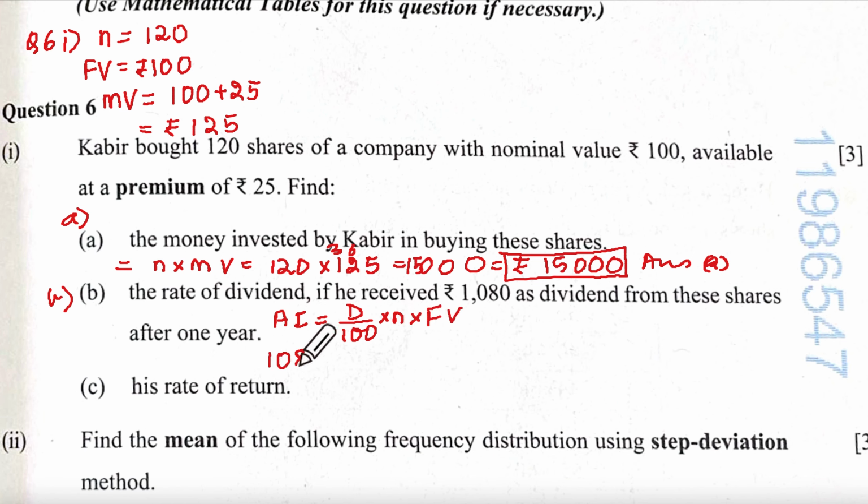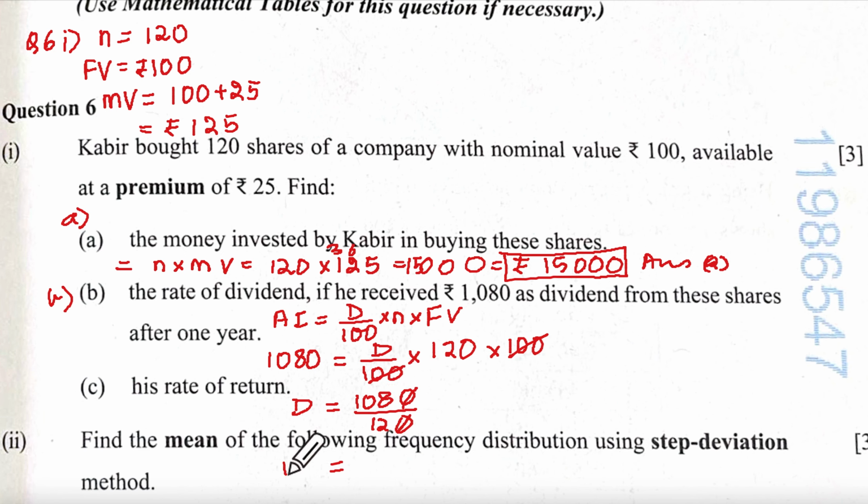So 1080 will be equal to rate of dividend, which I do not know, so D upon 100 into N, we have 120 shares, into FV was 100. 100 got cancelled, so D is equal to 1080. The calculations are pretty simple. 12 9s 108, so D percent, that is dividend percent, is 9%. So this becomes your answer B.